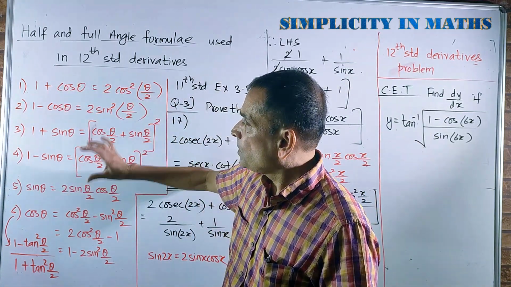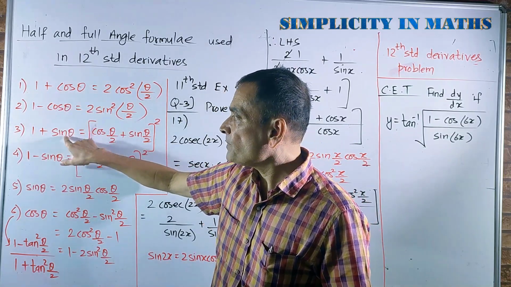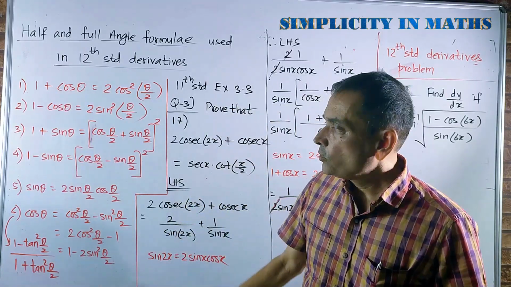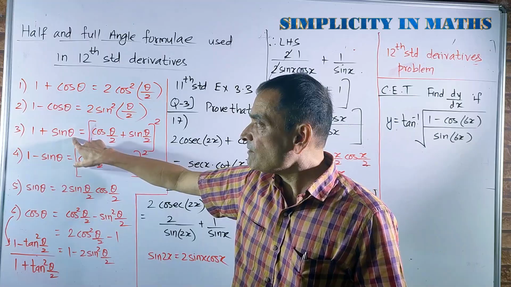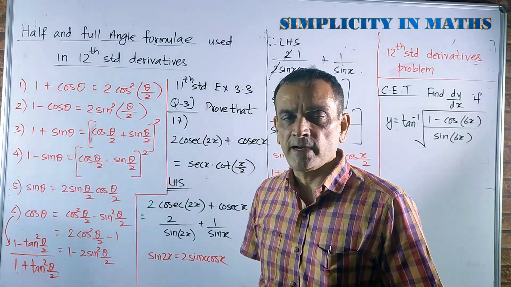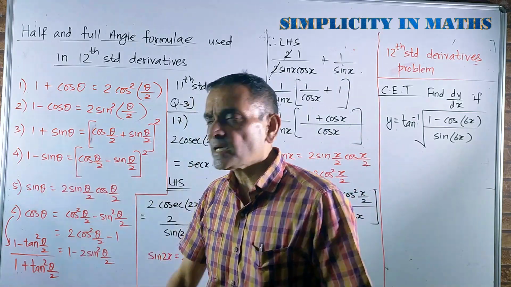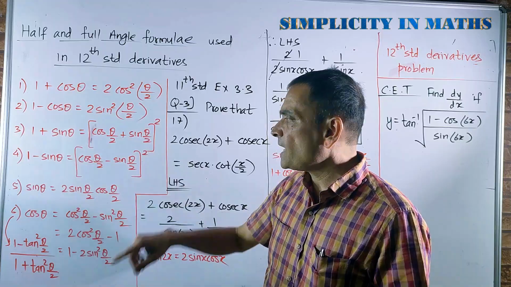remember these two. Then instead of 1 plus cos, if you get 1 plus sin, you have to remember (a plus b) bracket squared, but take the half angle: (cos theta by 2 plus sin theta by 2) bracket squared. If you get 1 minus sin theta, (cos theta by 2 minus sin theta by 2) bracket squared.